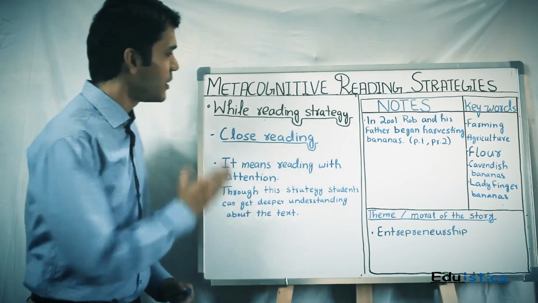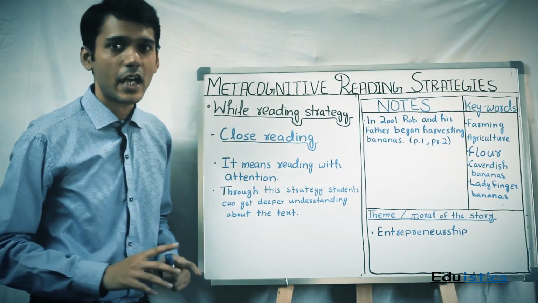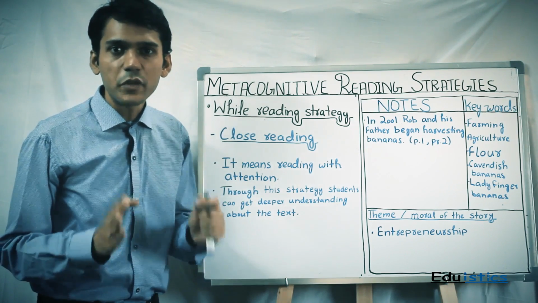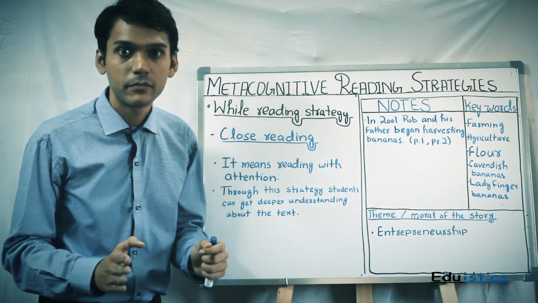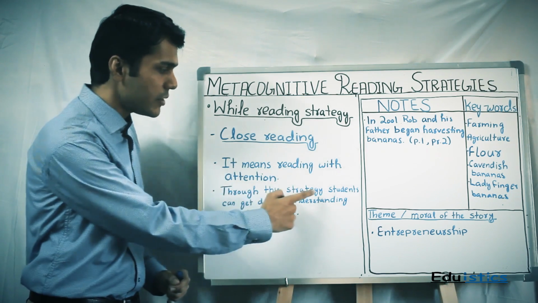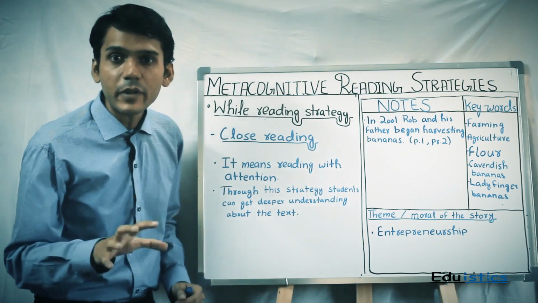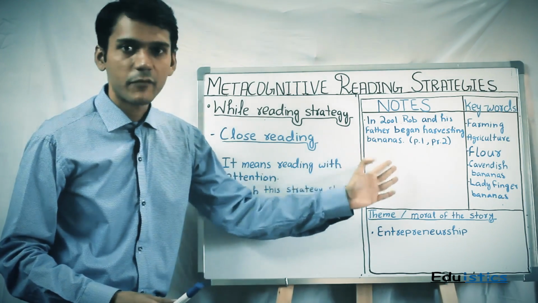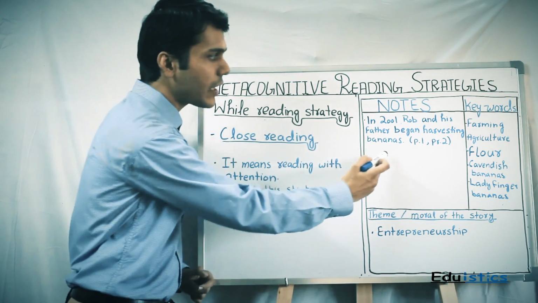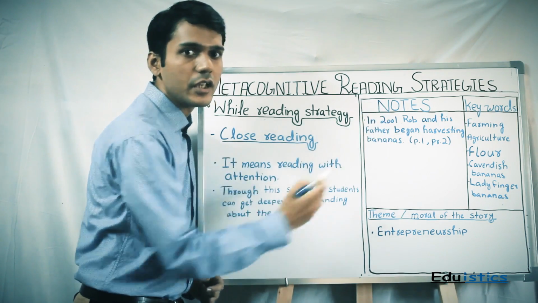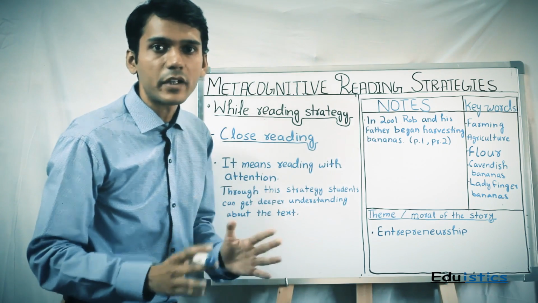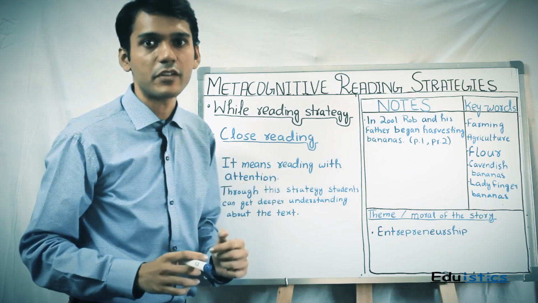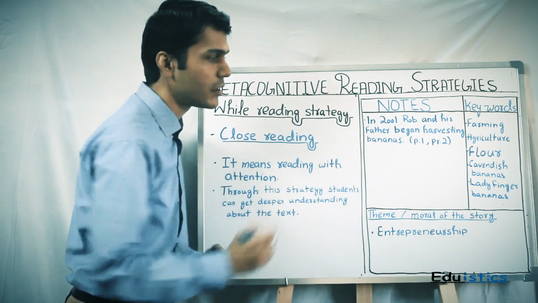Now we come towards the while-reading strategy. In it, I will discuss close reading. In close reading, students read with complete attention. Through this strategy, students can get a deeper understanding of the story. How? Let's look at its format. On the left side, in the notes section, students will note down the important lines, the lines which they think will be helpful in the analysis of the story, like I have done in this case.